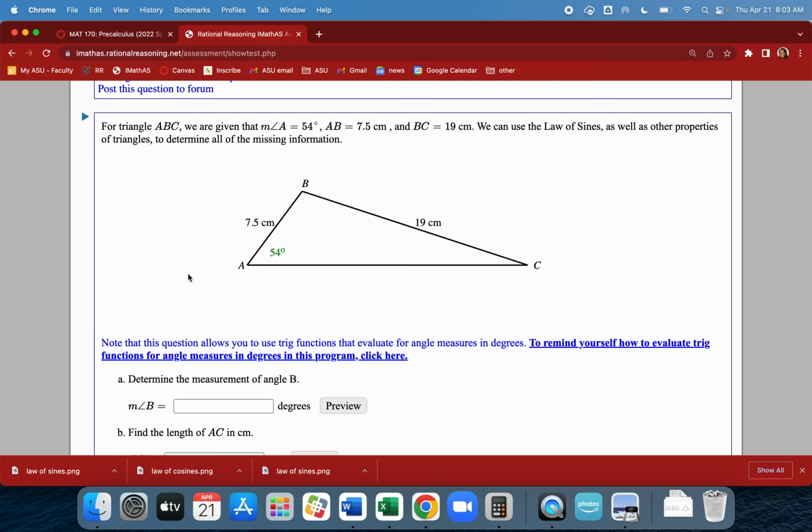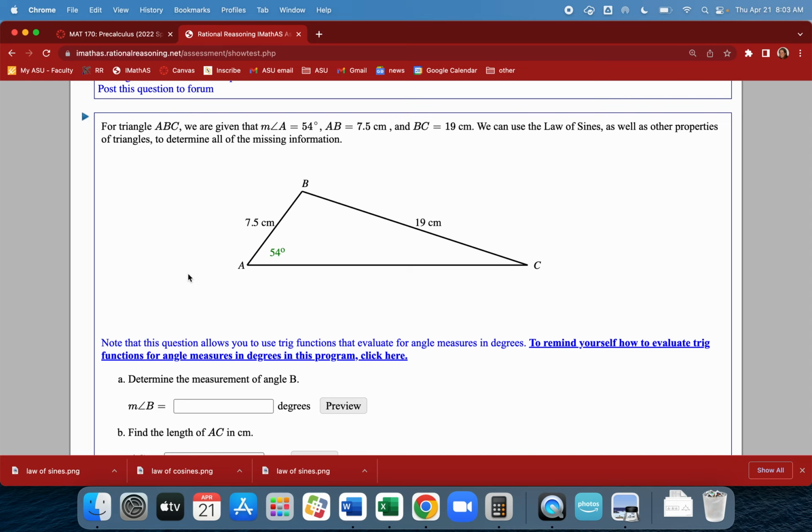In terms of what we know. And when it's just generic A, B, C sort of stuff, I think sometimes it's useful to write it out in a list, what you have, instead of on the diagram. Angle A, angle B, angle C, side A, side B, side C. What do we know? Angle A, in mine at least, is 54 degrees.